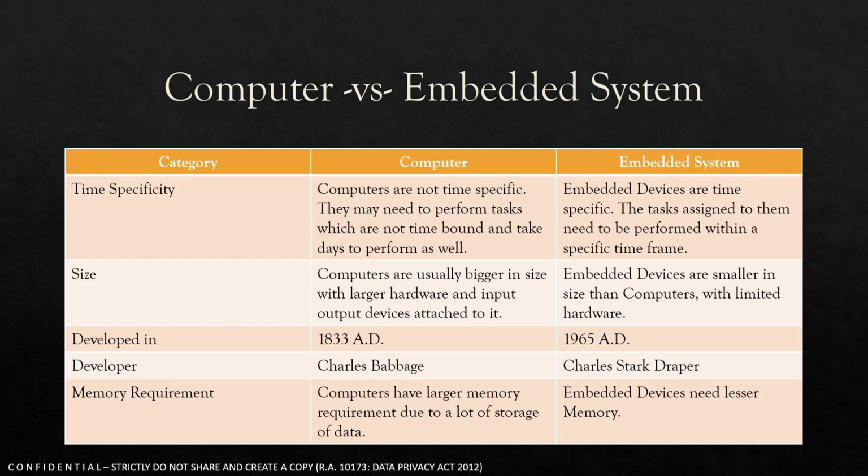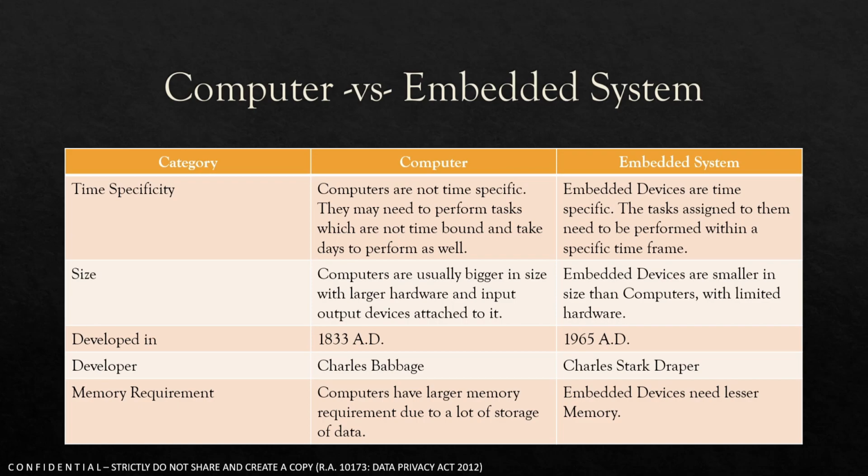Next, for the time specificity, computers are not time specific. They may need to perform tasks which are not time bound and take days to perform as well. While embedded devices are time specific. The tasks assigned to them need to be performed within a specific time frame.